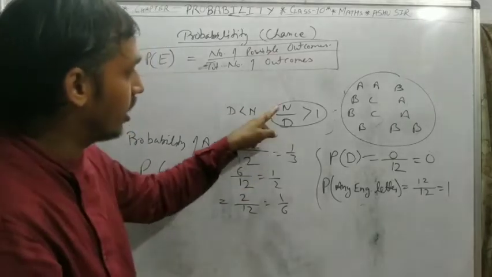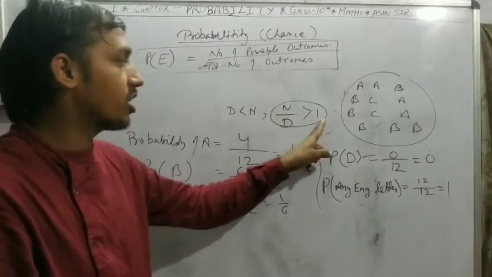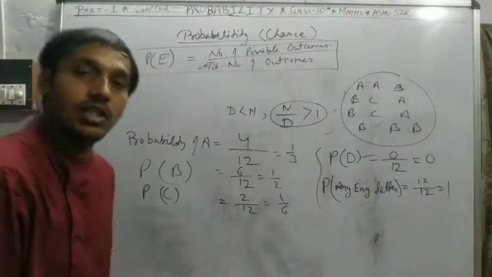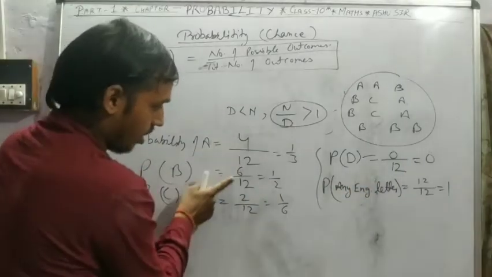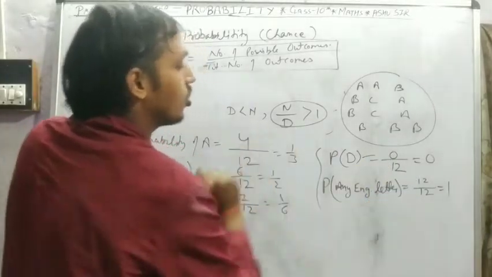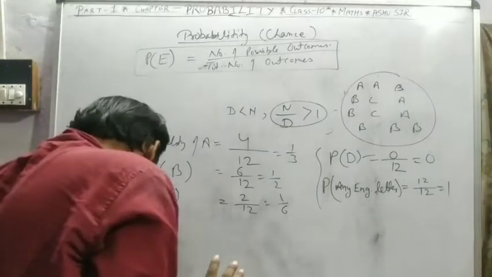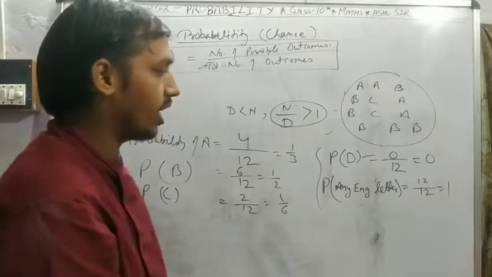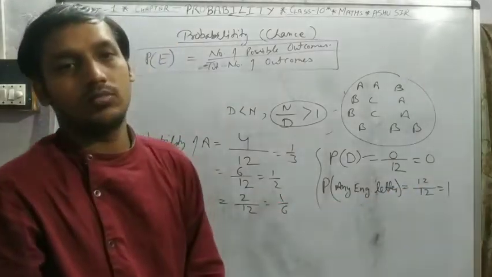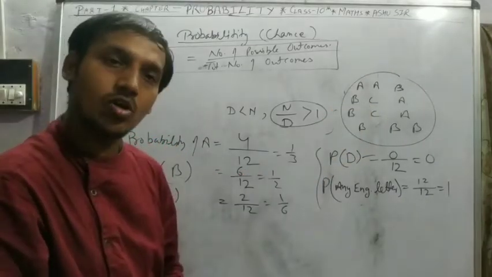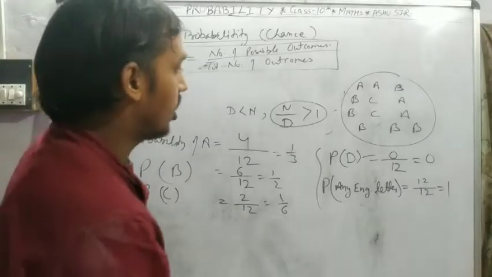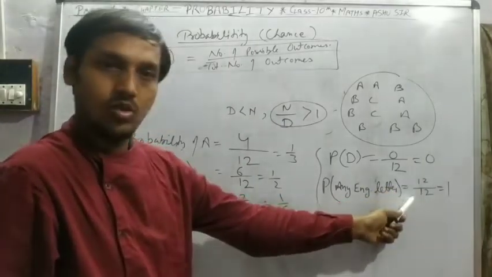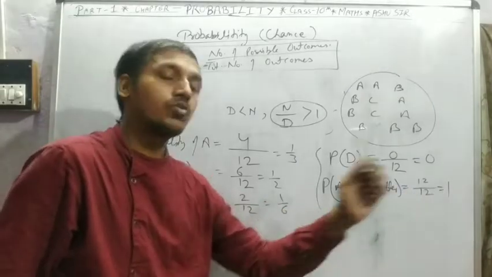Means numerator greater, denominator smaller. But in the case of probability, the numerator is always less than or equal to the denominator, because the number of outcomes is never greater than the total outcomes. Equal to means equal to 1.